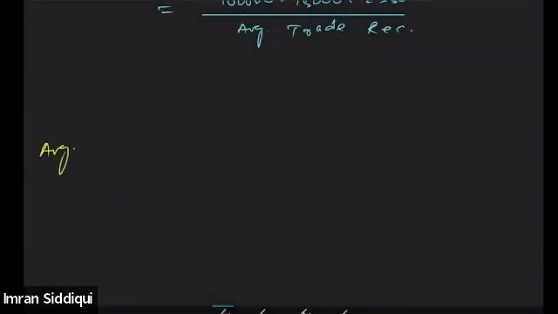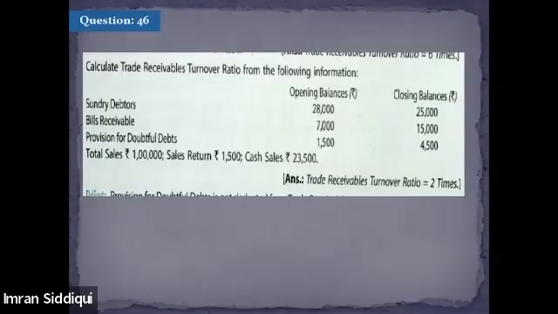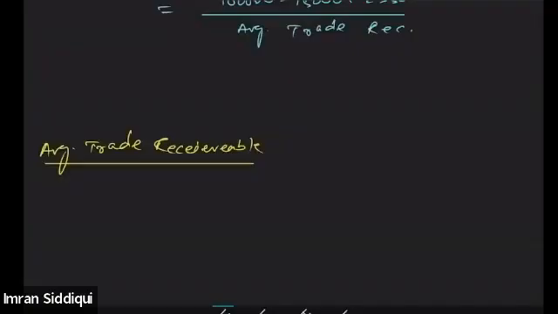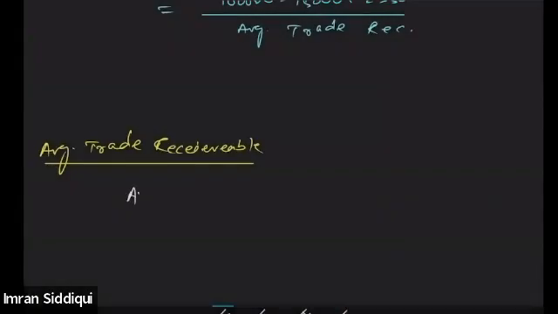To find out average trade receivable, we usually add the opening trade receivable given in the question and closing trade receivable and divide by 2 to get the value of the average trade receivable. But in this question, information is given differently. To find out the average trade receivable, we'll first find out the average debtor.